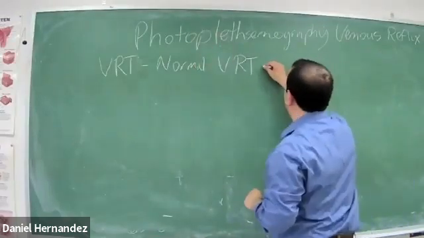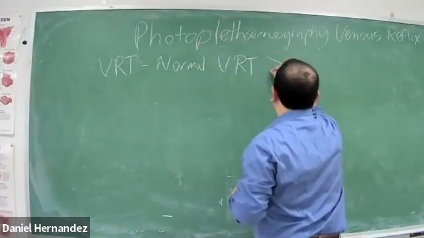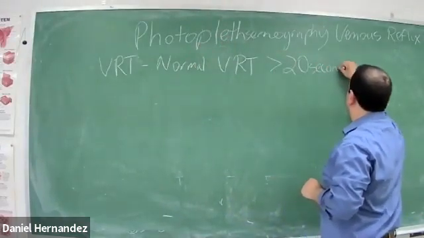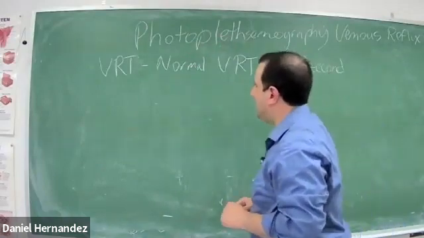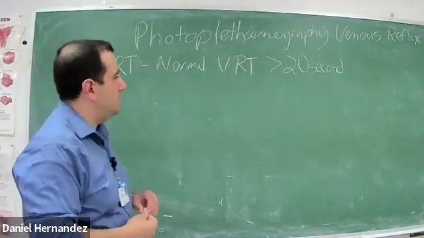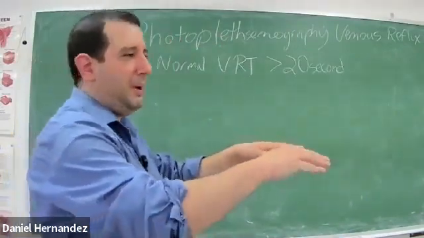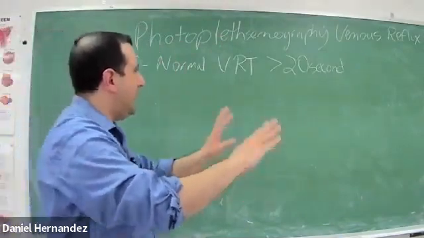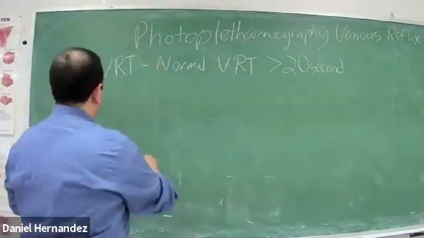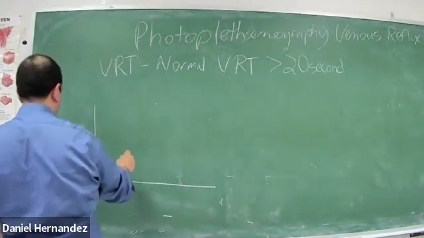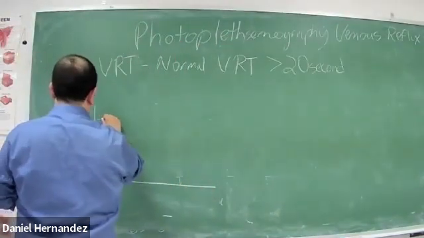Normal venous refill time is going to be greater than 20 seconds. So if we do our test where we have the patient pump their calf 5 times to empty the blood flow in the calf, that's the one where we get our tracing up here.